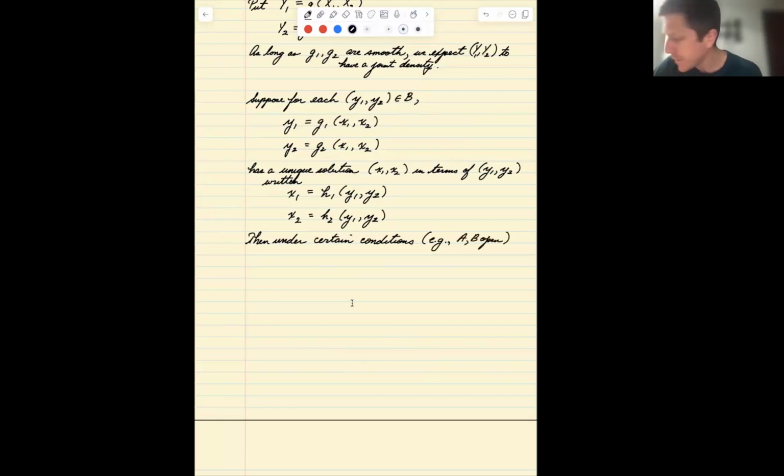Usually, for most of the cases we encounter, these conditions will be met. We do have to at least be aware that there are situations where this might not hold. You'd have to take a more advanced probability class to deal with that. But under those conditions, the pair y1, y2 has a joint density.